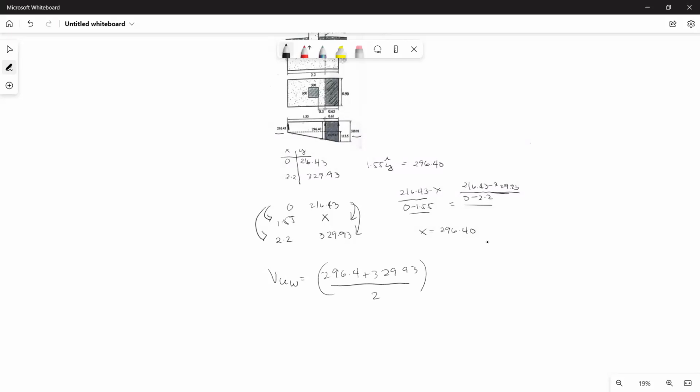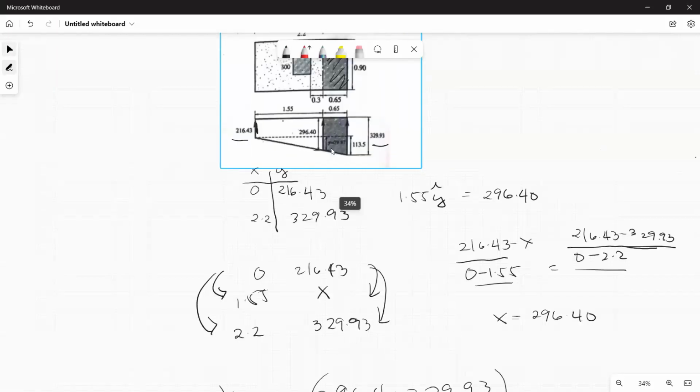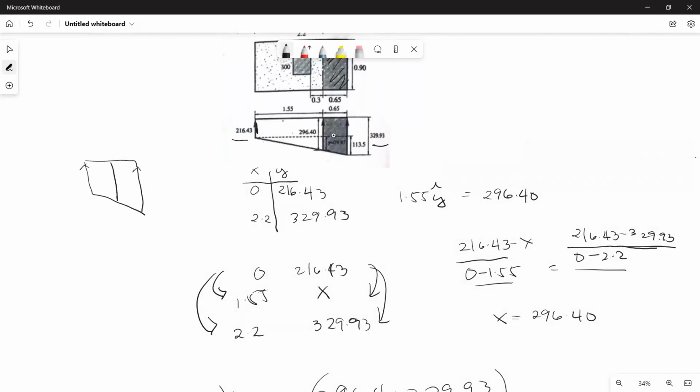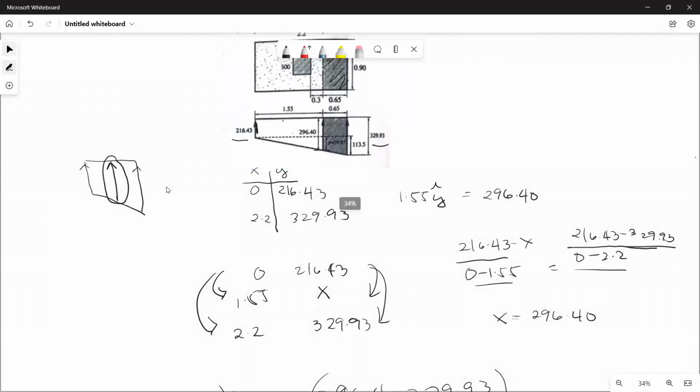over 2 times height. Okay, ito yung over 2. So ito yung mid height. Ang kinocompute kasi doon sa class is yung mid height. Then yung mid height na yan, i-multiply doon sa along the length para makuha yung volume. Okay.